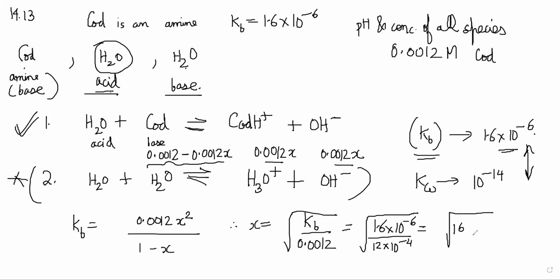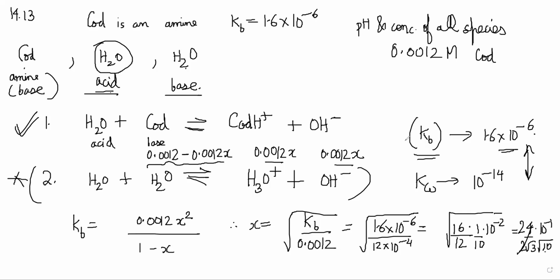So 16 by 12 into 1 by 10 into 10 power minus 2, so this becomes 4 by 2 root 3 and 10 power minus 1 by root 10 also, right? So this is 2 by root 3 into root 10.